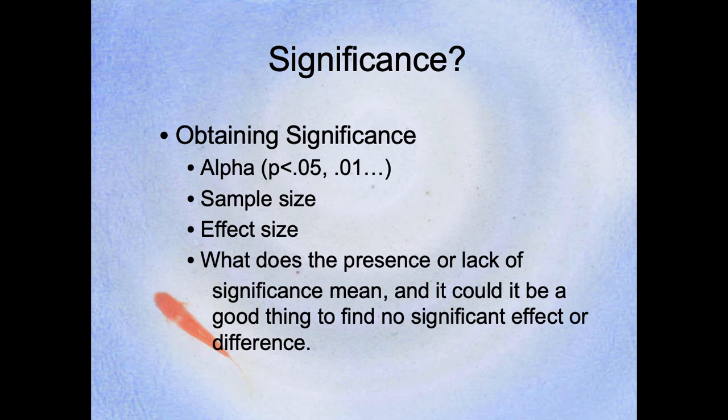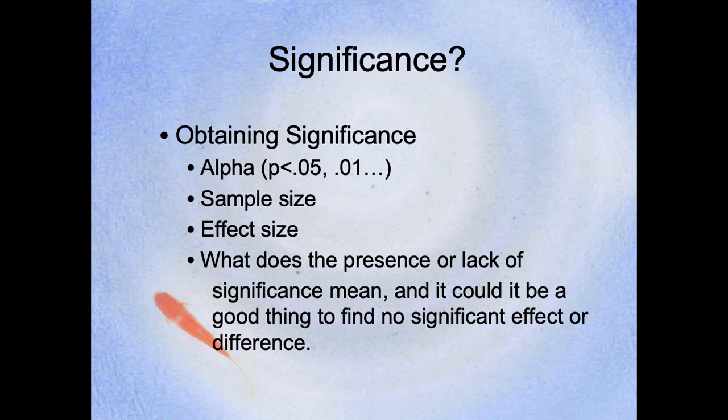So when you calculate your R's or F, you'll get some sort of alpha size. It'll say p equals something, and you'll put that exact p-value in there. That is calculated partially on the sample size of your experiment or survey, and is of course dictated by the size of the effect that you see of that IV on that DV, or that independent variable and the dependent variable in a regression equation, or just the degree of overlap between those variables in a correlational sense.